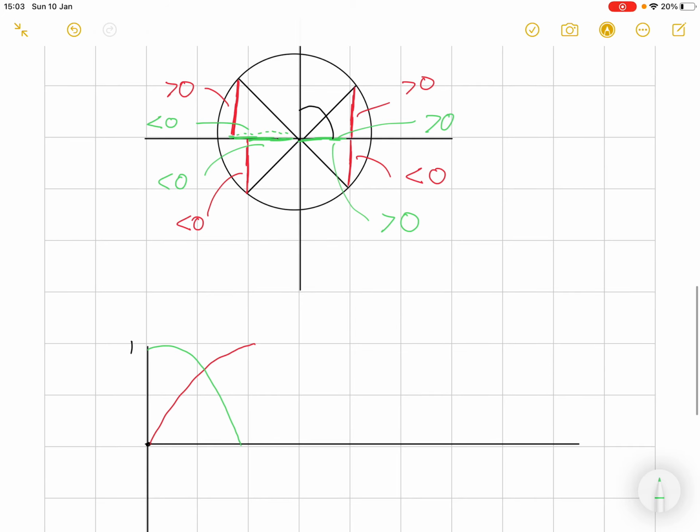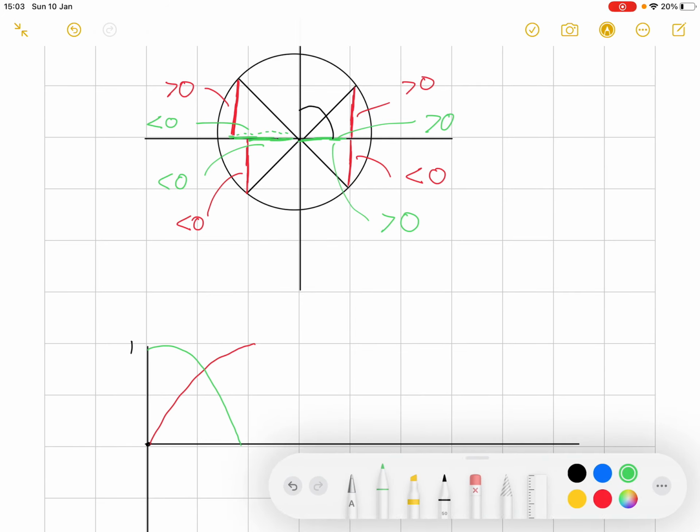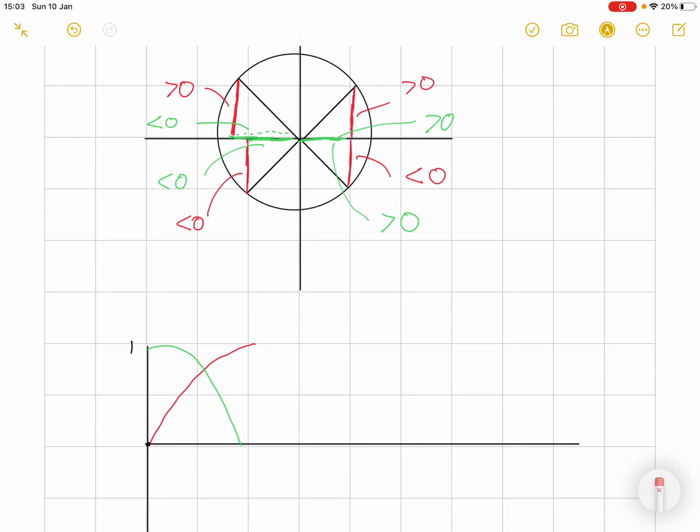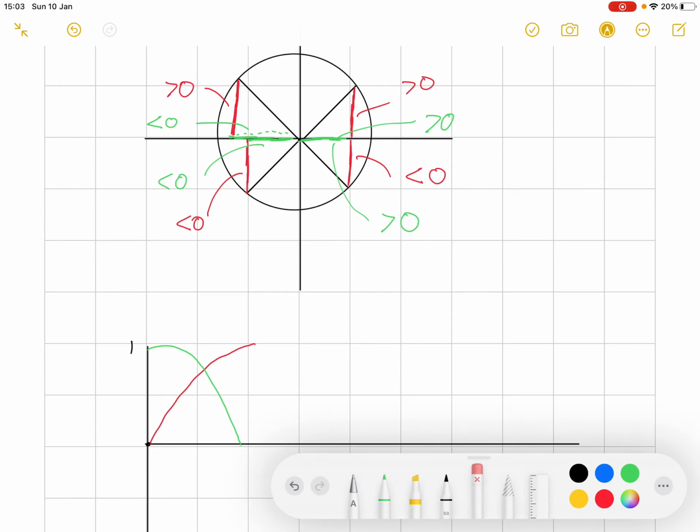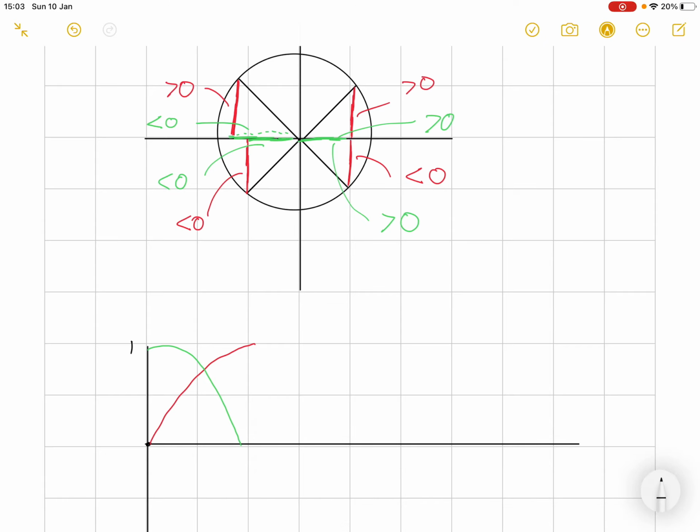And then, what happens in the next quadrant? Here, sine of theta continues to stay positive but approaches 0, and cos of theta approaches -1. It's minus unit length.